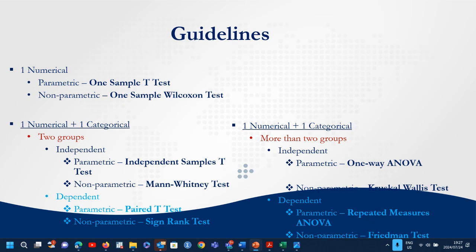So for example, when you do pre and post, when you measure the learners before you give them an intervention, and you measure the same learners after you've given them an intervention. So then you are comparing the scores. You've got two groups. One group is before, another group is after, but it's the same people in the groups, so they are dependent, right?